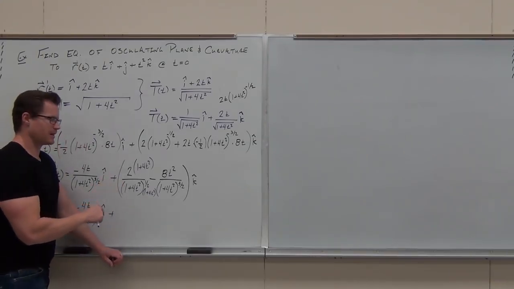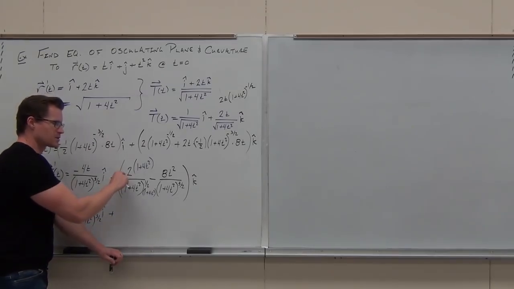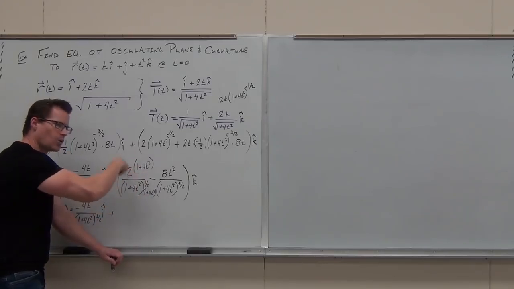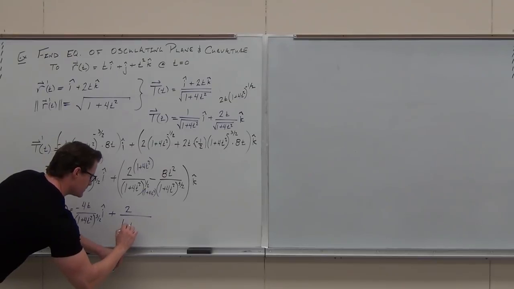I have to move fast on this, I'm sorry. If you do distribute this, you get 2 plus 8t squared minus 8t squared all over a common denominator of 1 plus 4t squared to the 3/2 power. So this whole thing becomes 2 over this.